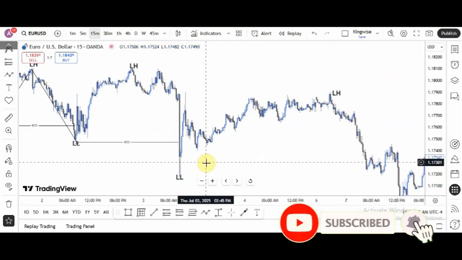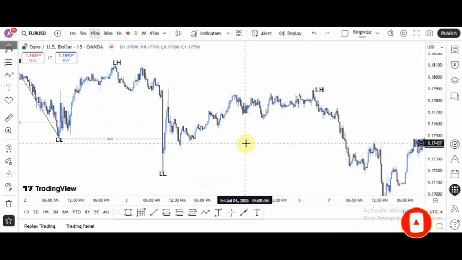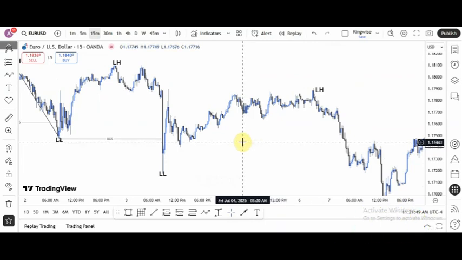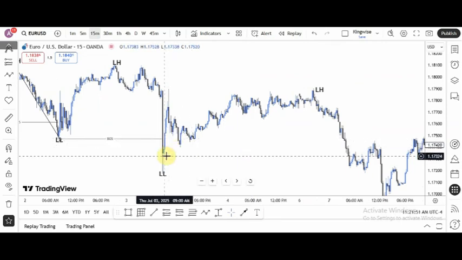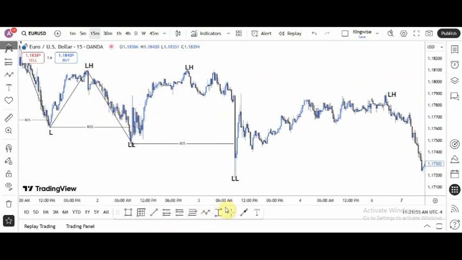Now, I was giving an example in the illustration. Imagine that you see price going up, coming down, going up, coming down.